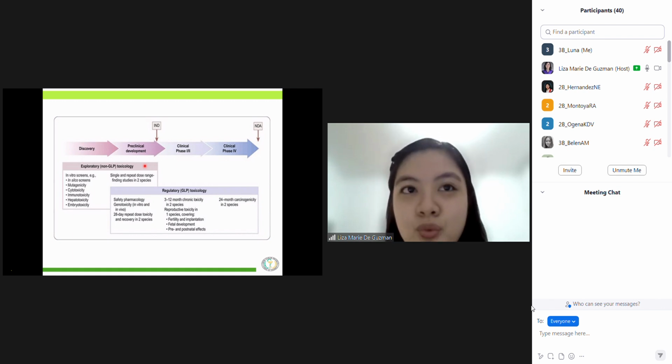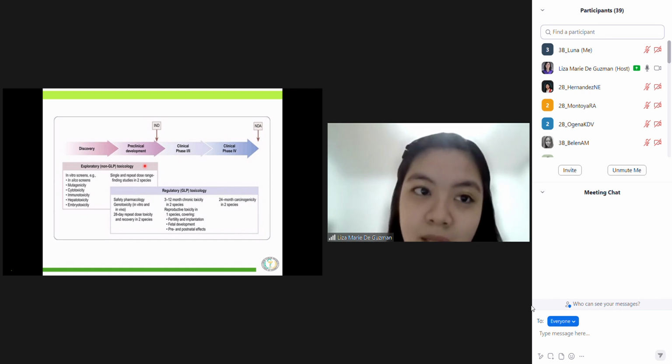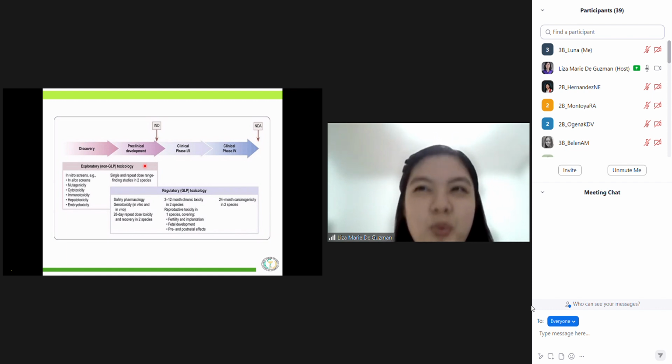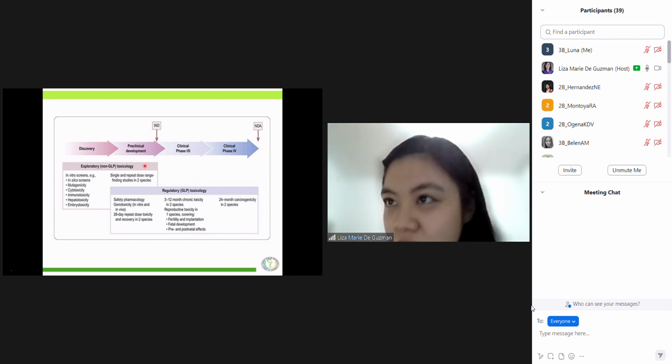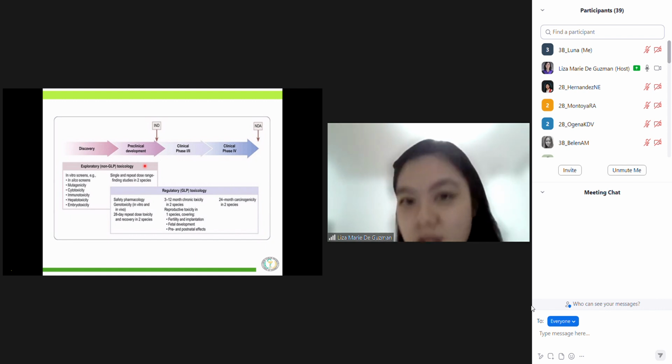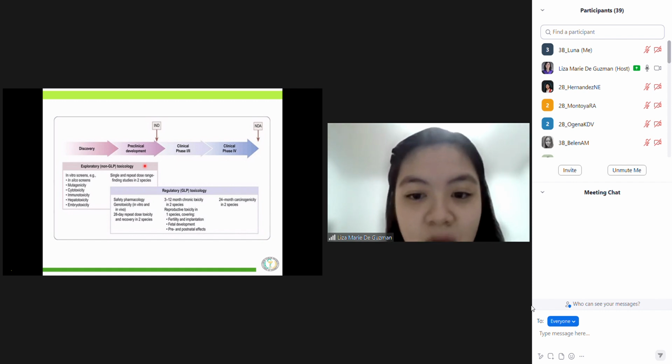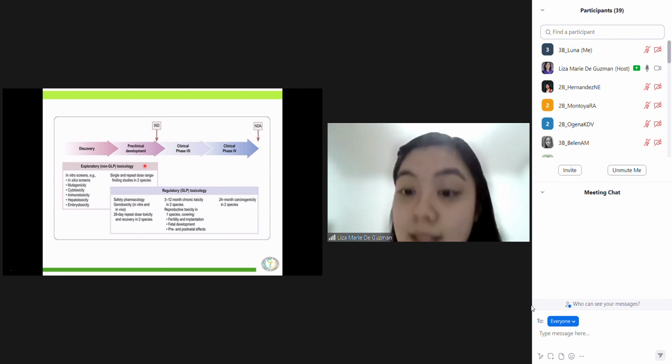We have to weigh whether the benefit will outweigh the risk. That is why we perform such testing, because we want to know, will the benefit outweigh the risk? If the benefit is greater than the risk, then we continue. If not, then we have to reevaluate our drug before subjecting it to clinical trial.